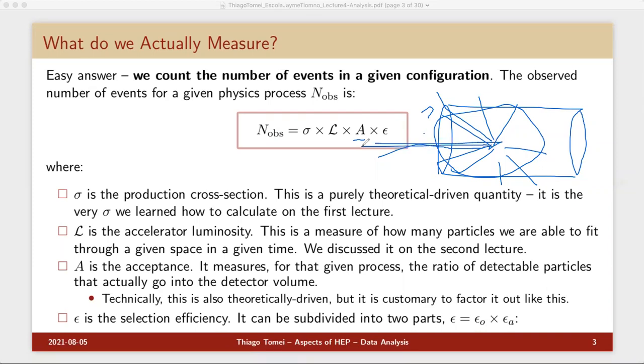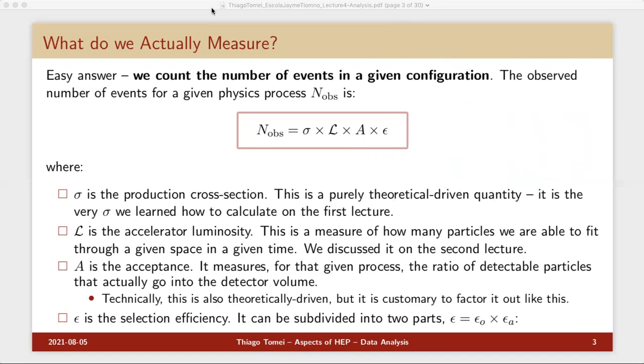Some of them go in this direction, so they're actually not detected also. So in principle, this is also theoretically driven, right? Because it's a purely theory quantity. How many particles go in this direction? It's something that nature gives us. But we usually factor out the production cross section from the geometrical acceptance.